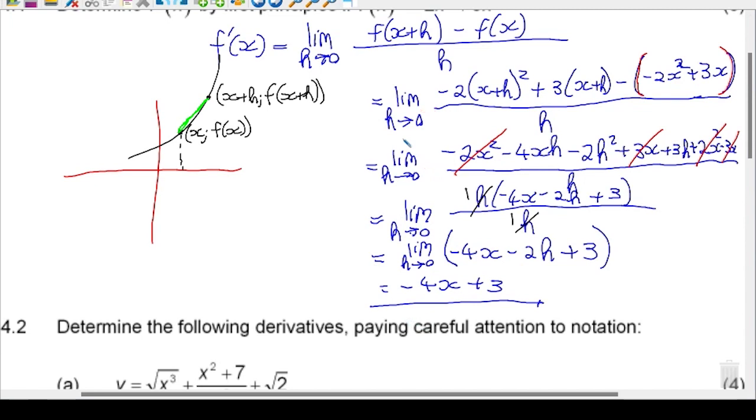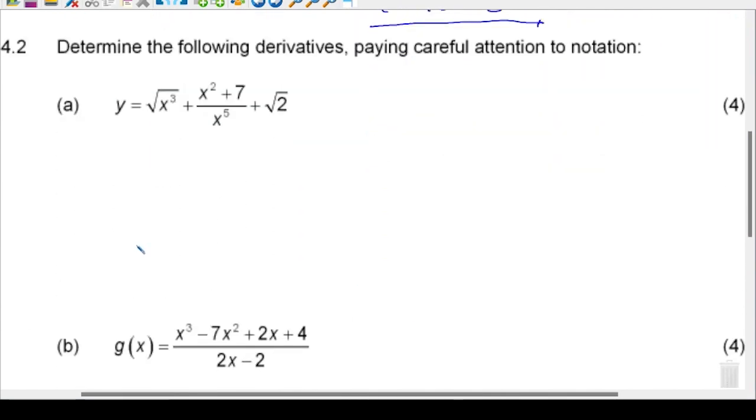The next thing is that the words limit h tends to naught need to be on every single line where h occurs, and it mustn't be on the last line when there's no h. And then the last thing is that if we've got that last line we must put the brackets.